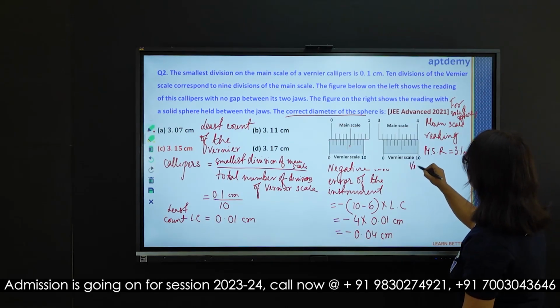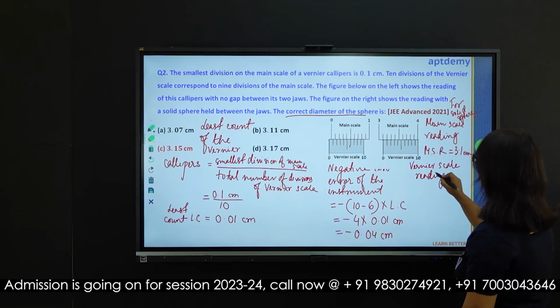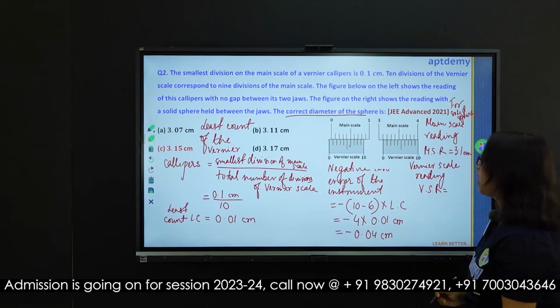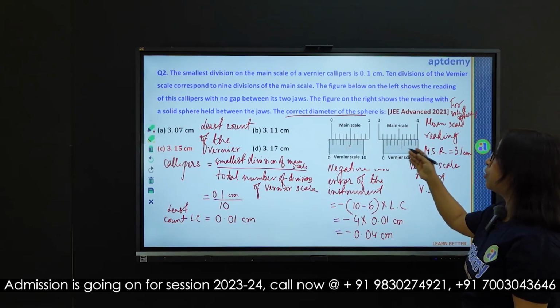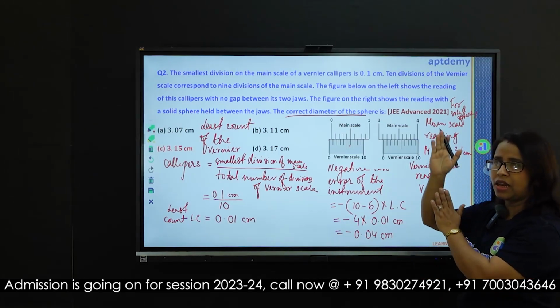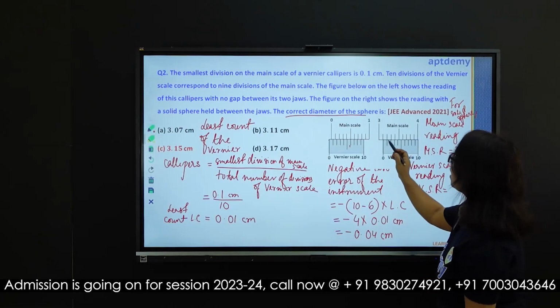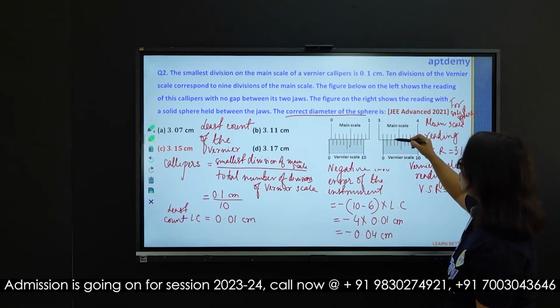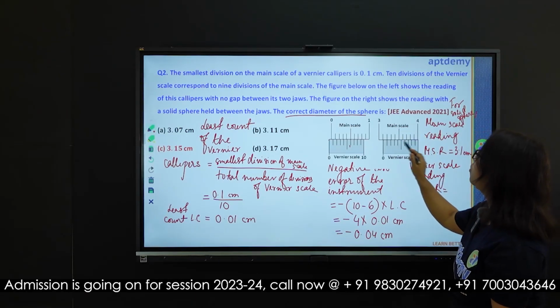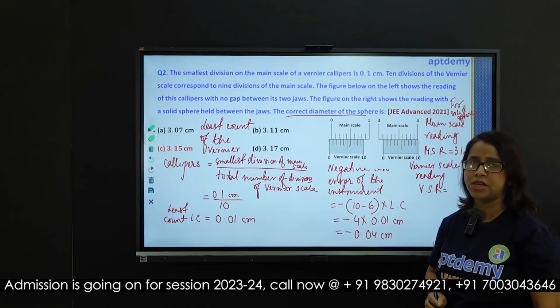Now, how do we analyze the vernier scale reading? Let me represent this as VSR. This method is the same as that of the error. We have to note the division of the vernier scale which is exactly in line with the main scale. So, just have a look at it. You can see that just the first division itself is exactly in line with the main scale division, and no other reading is exactly in line with the main scale reading.